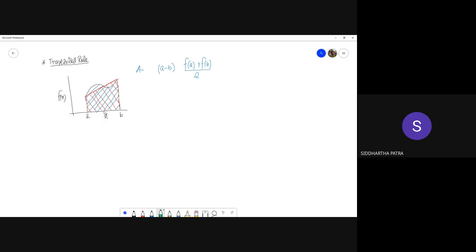Let's say I'm trying to evaluate the function at a plus b by 2, and I draw a vertical line. The rectangular rule would have given you the same value as the trapezoidal rule if the function value that you had taken for the rectangular rule would have been this one, where the vertical line intersects the oblique line of the trapezoid.